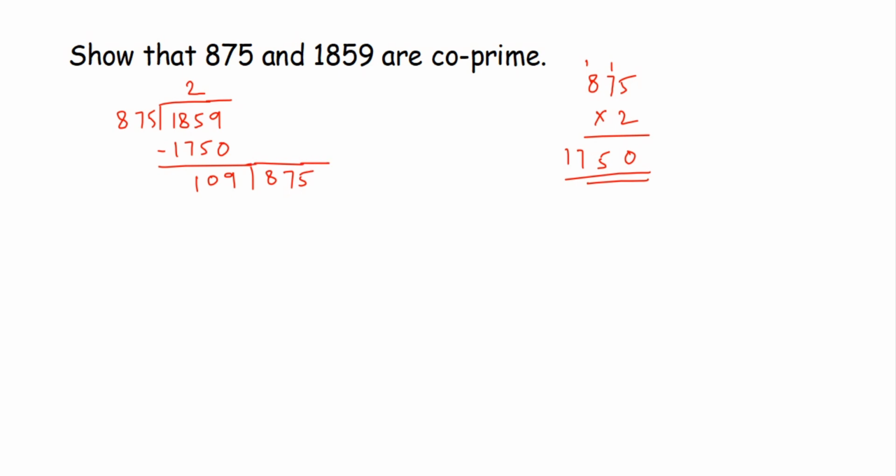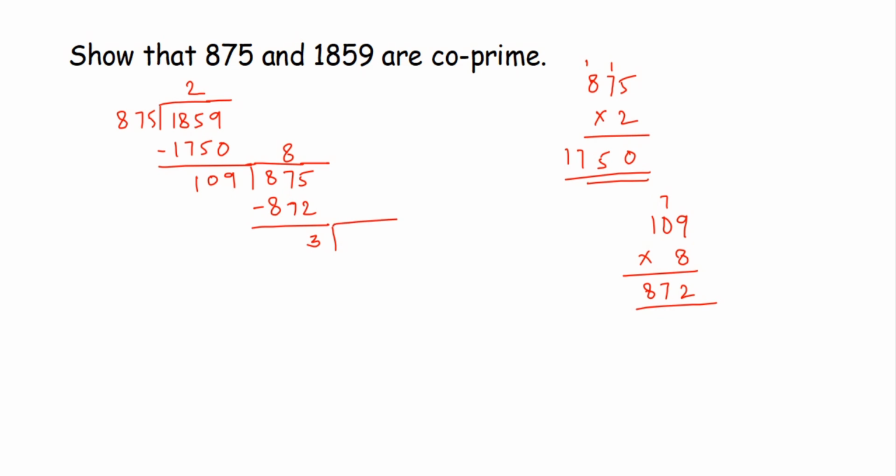Here we have 109 and here we have 875, so let's multiply 109 by 8 and check what we get. 8 times 9 is 72, 8 times 0 is 0, we have a 7 carry, so we'll write down that. 8 times 1 is 8, so 872, we can take this. So we'll write 8 in the quotient and we'll subtract 872 from 875. We get 3 as a remainder and here 0 and 0. So you can ignore those 0, we can just write down 3.